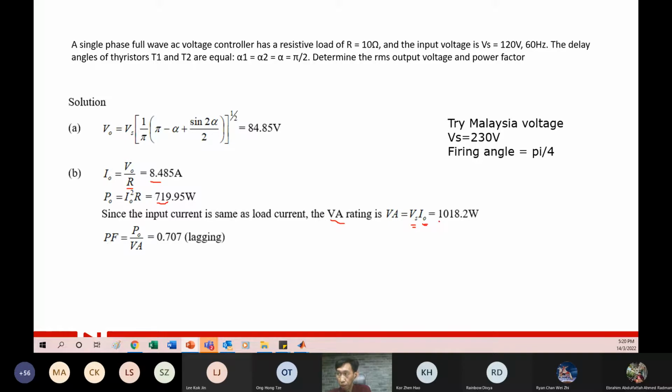So you will get 1018 VA. Then we use the output real power divided by the apparent power, and you will get a power factor of 0.707. So this is how you calculate.